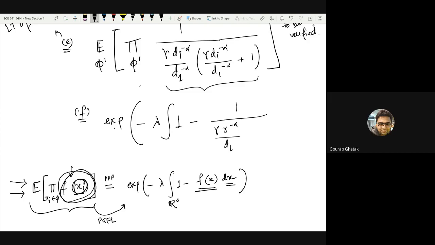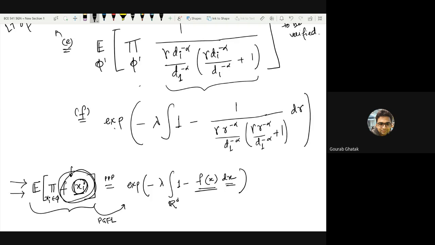So we get gamma r to the minus alpha divided by d1 to the minus alpha. Remember, this r has nothing to do with d2 or d3 or d4 individually. It is a representative interfering base station, located at a certain distance r, which would create this interference, and we span the entire domain with this r. So this becomes dr. Is step F clear?